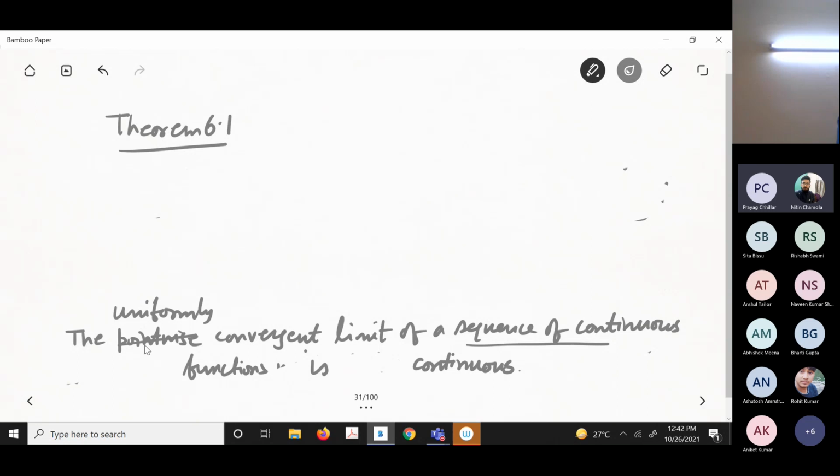Okay, this is the first big difference between uniform convergence and pointwise convergence. The pointwise convergence limit need not be a continuous function. That was the example I was discussing. So that is exactly theorem 6.1. Since I am talking about continuous functions, of course real valued functions, otherwise you could generalize that if you took a metric space.